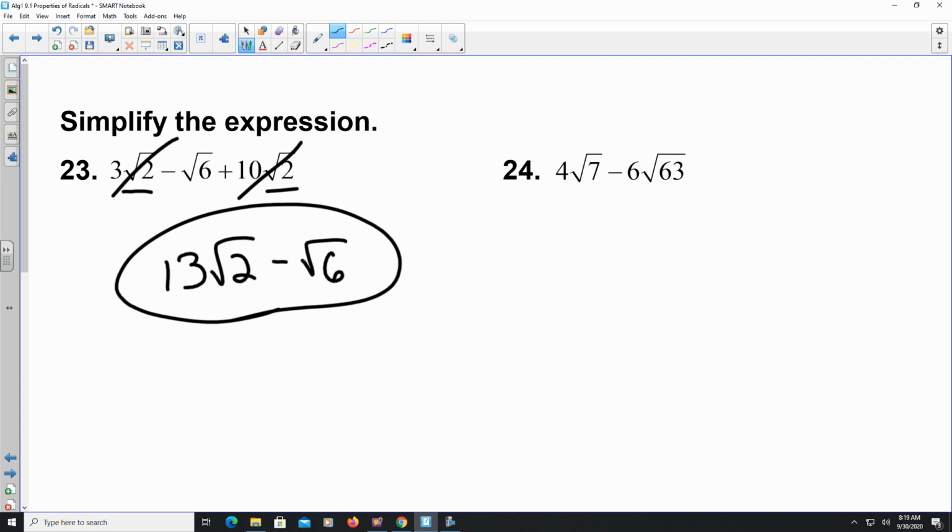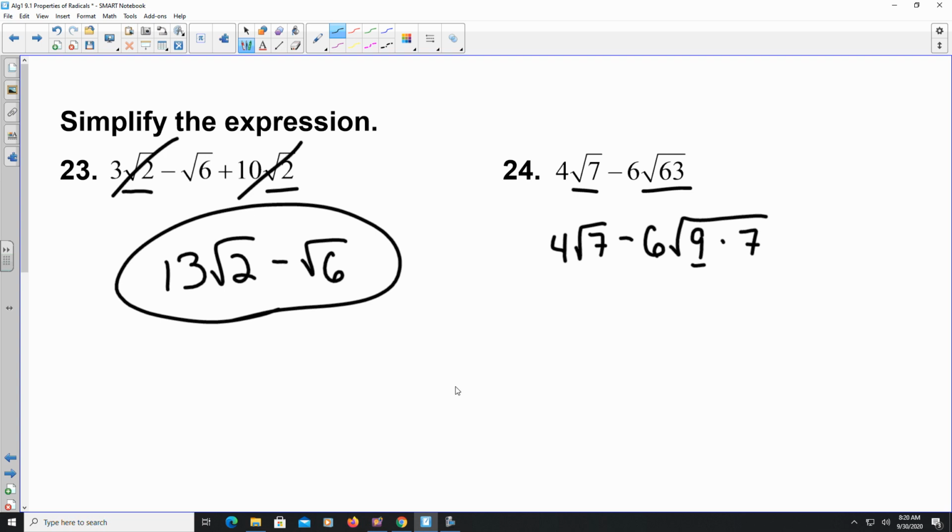That is my result. Looking at these ones, right now square root of 7 and square root of 63 are not the same, but I bet you they can be. So if I wrote it as 4 times the square root of 7, which is already simplified, minus 6 times the square root of 63, I'm going to imagine that 7 is going to be one of the values, and it's 9 times 7.